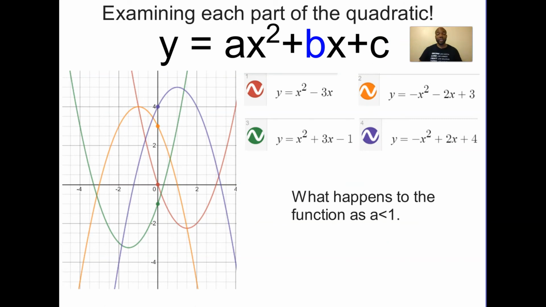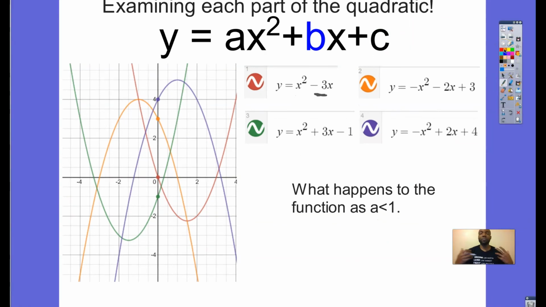Now we're going to deal with B. B is a little different. Say for instance, I wrote the equation as y is equal to bx plus c. So what does this b represent? The b would be the slope.